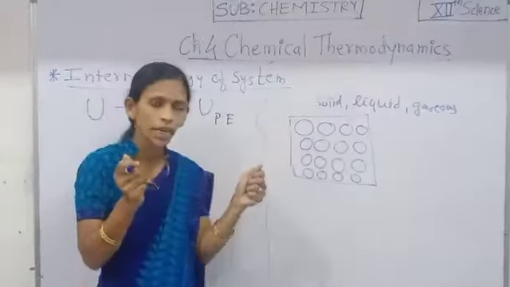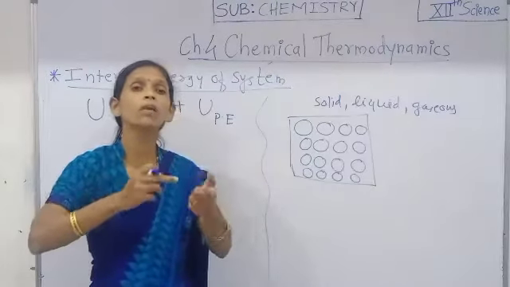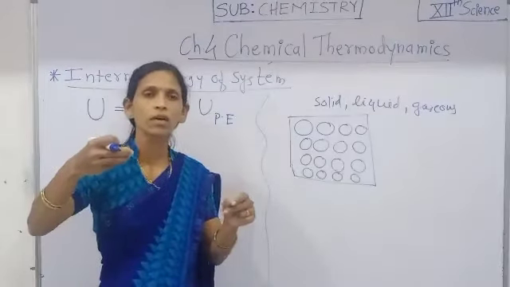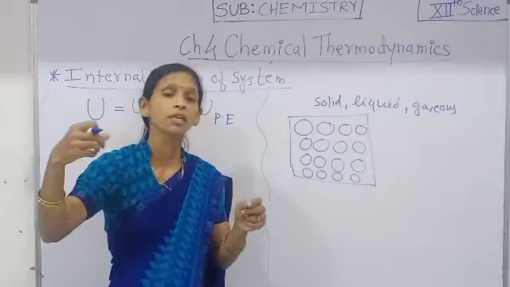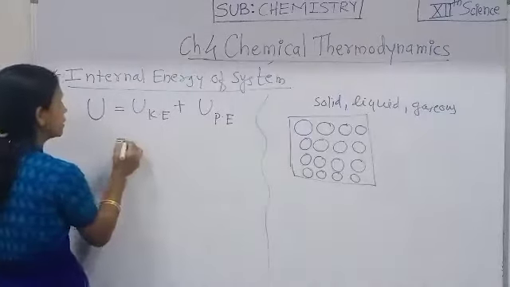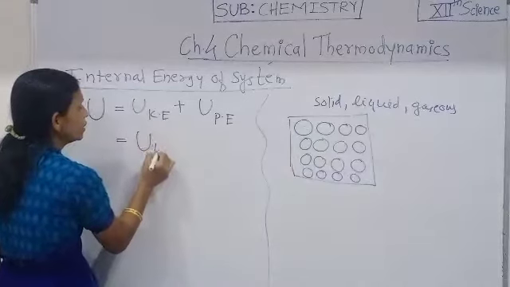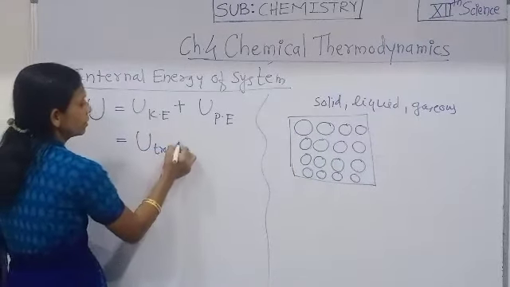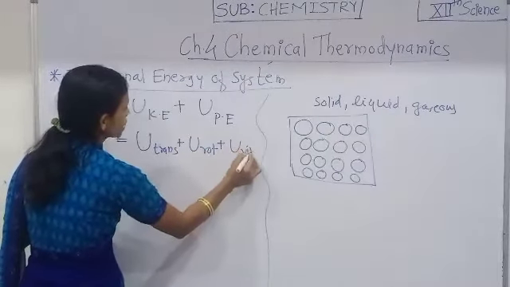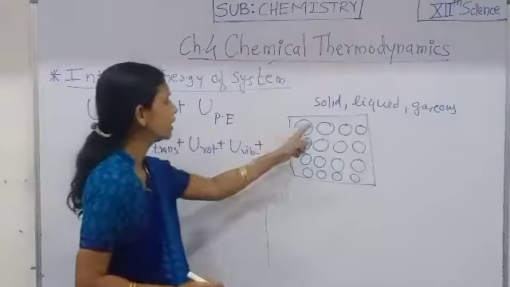They have vibrational motions or rotational motions, as well as they move in a linear way, that is in a straight line. So the kinetic energy related with that particle may be translational energy, rotational energy or vibrational energy, as well as the potential energy related with those particles.